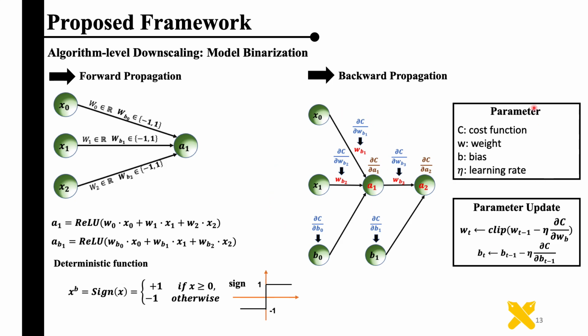Then, in the backward propagation, we keep the real value weights when using the gradient descent-based method, SGD. In this way, the real value weights can be updated along with the gradient descent. Okay, we have finished the algorithm level downscaling. Next, we want to move on to our discussion about the hardware optimization.